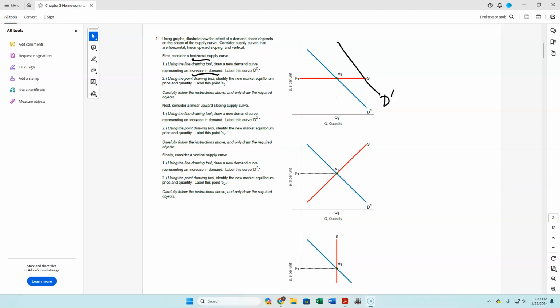Now we are increasing demand with a standard looking supply curve, causing both our changes in price and quantity. And then finally, we're dealing with the vertical curve, same increase in demand. And here we see no change in the quantity, but we do see all the change in the price. And then it just asks you to identify that new equilibrium, which you should be able to do pretty quickly in each of these kinds of cases.